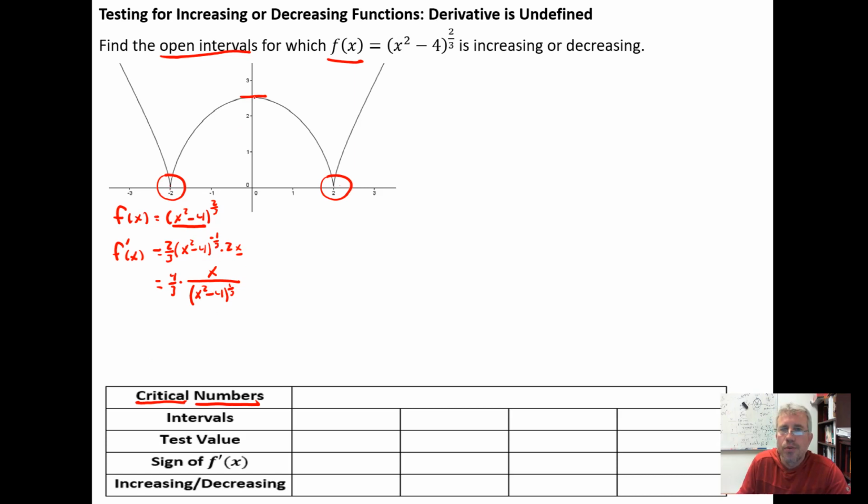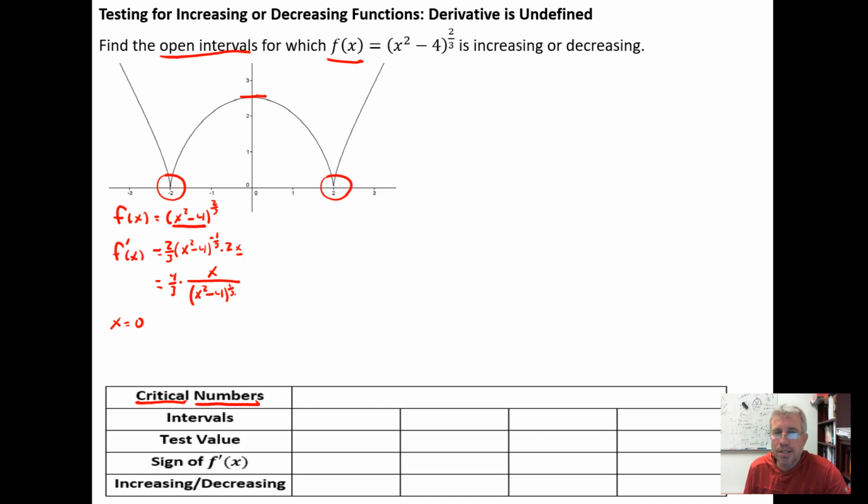So the derivative will be 0 when the numerator of the ratio is equal to 0. So when x equals 0, the numerator equals 0. We get a critical number because the derivative will be 0.